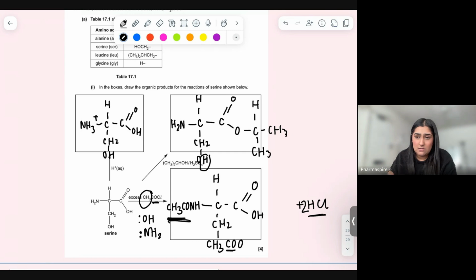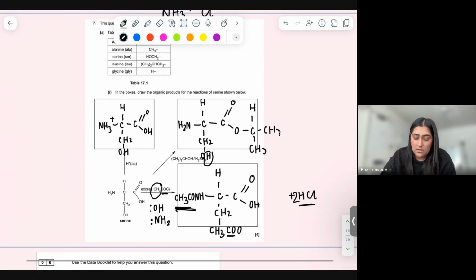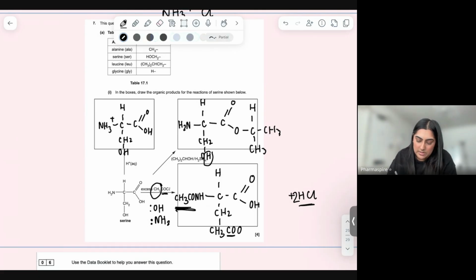Okay, I'll draw it again. So if I rub this out, the pink is going to be from your acyl chloride. So CH3CO, O, okay? So the H has gone from your O and joined to make an HCl. And again here, CH3CO is your pink, and that's your NH to make.